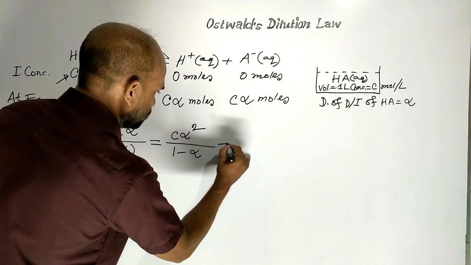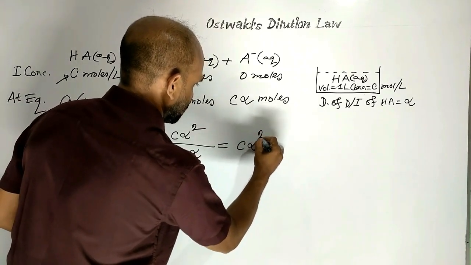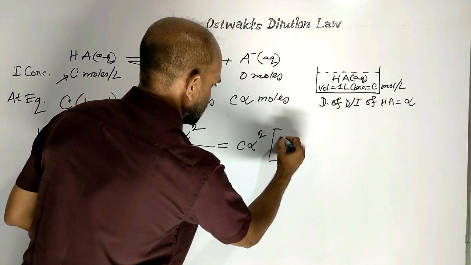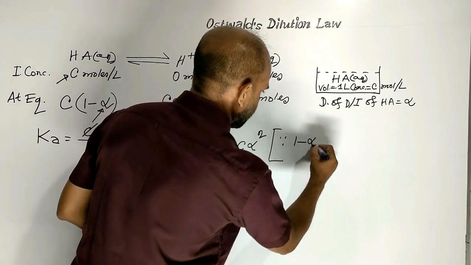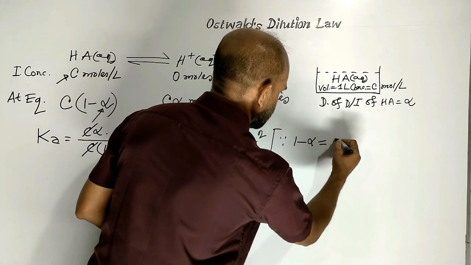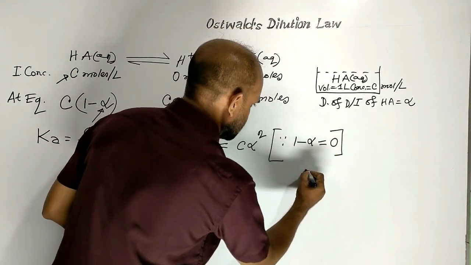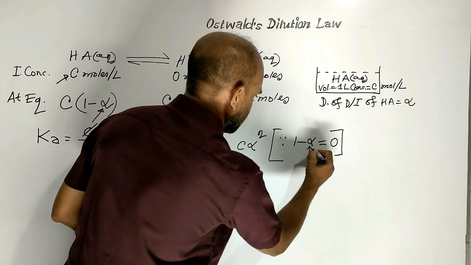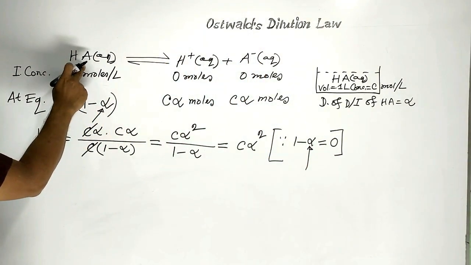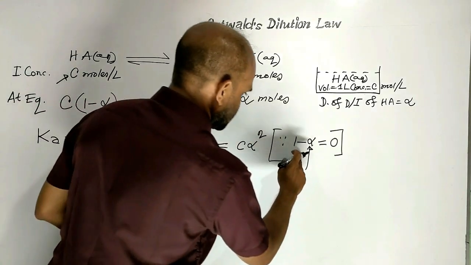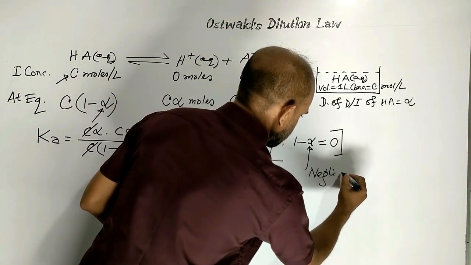This is equal to, we can write, C alpha square, because 1 minus alpha is considered 0. The reason is that the degree of dissociation of a weak electrolyte is considered negligible.